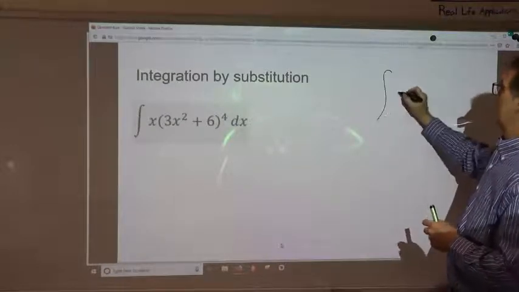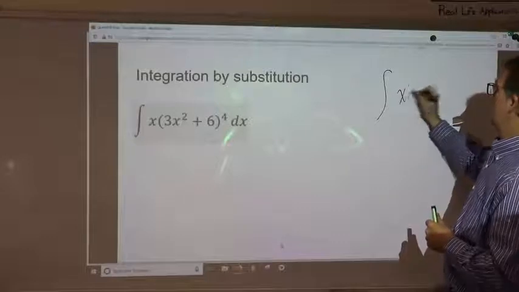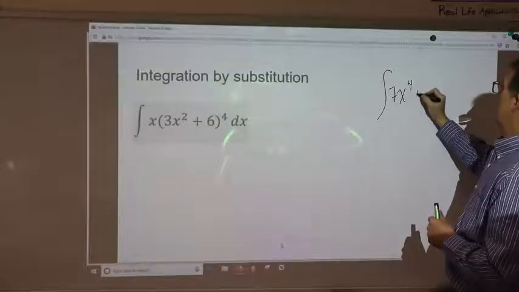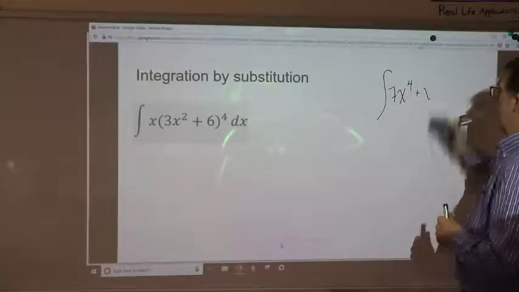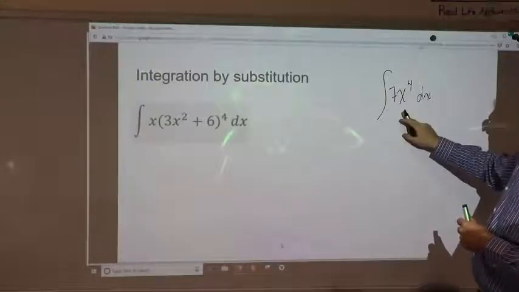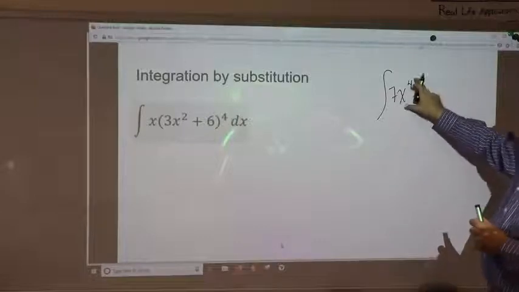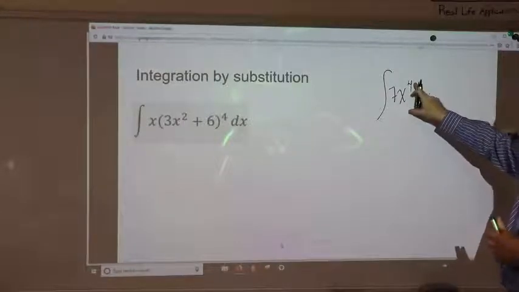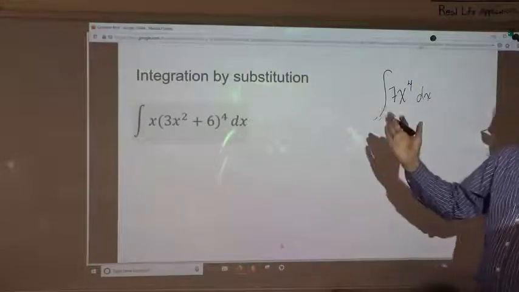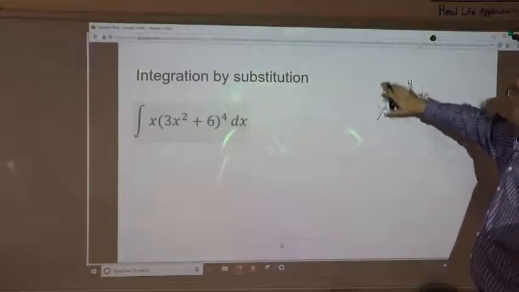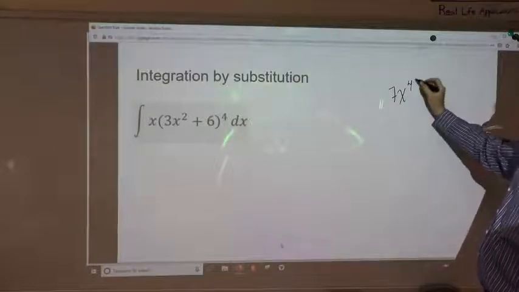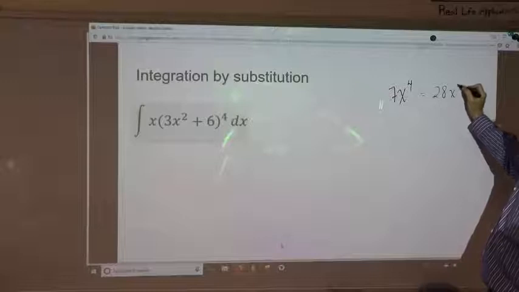Like if I have an integral of 7x to the 4th. If I ask you to integrate this, because it's a variable to an exponent, we're just working the power rule of derivatives backwards. If I took this away and asked what's the derivative of this, you would multiply and subtract 1.